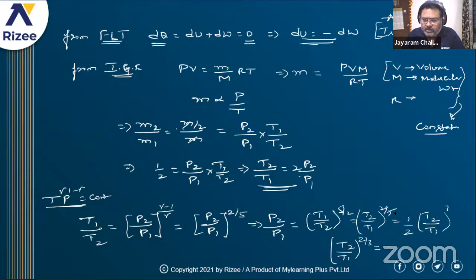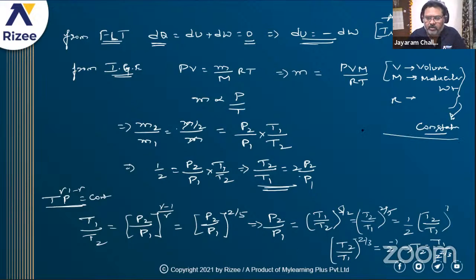When it comes to this side, it will have a negative sign. This will be 1 by 2, or 2 to the power of minus 1. So from this relation, you can say that T2 is equal to T1 by 2 to the power of 2 by 3, squared, to the power of 1 by 3.